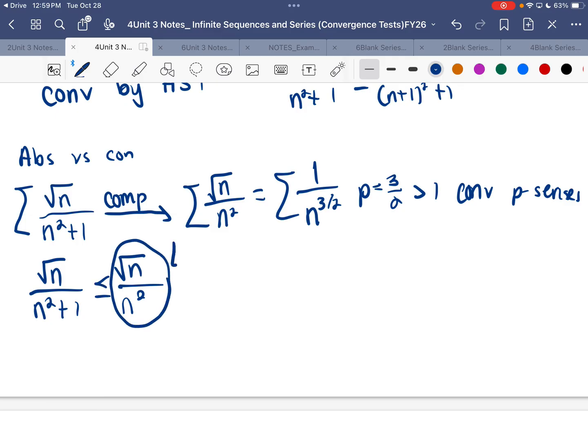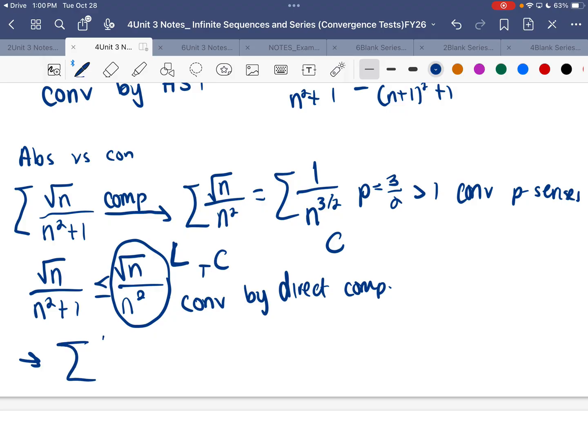This comparison is larger, and that converges. That's lesser. Yeah, it's not the original one, it's the thing you're comparing. It has to be bigger and squishing it down to be converging. So it converges by the direct comparison test.